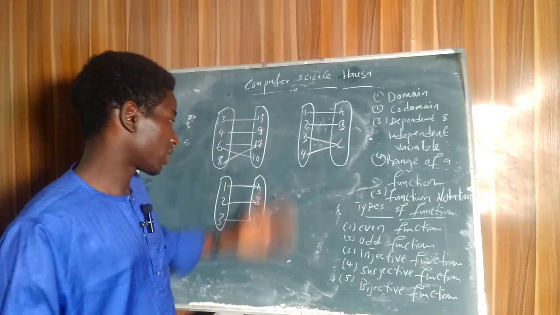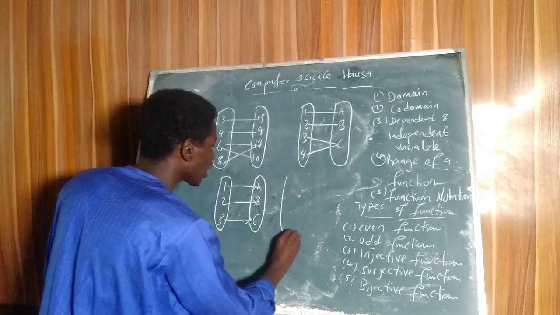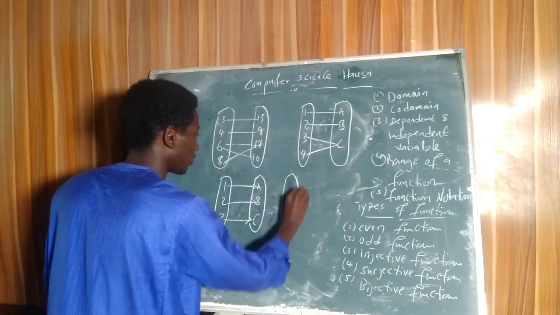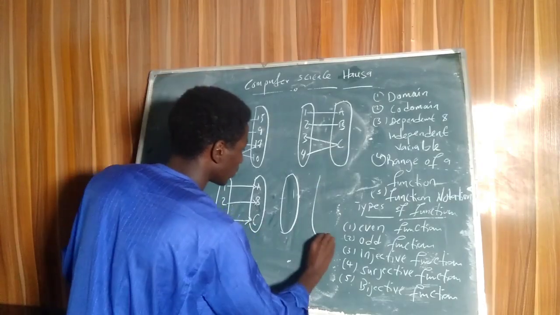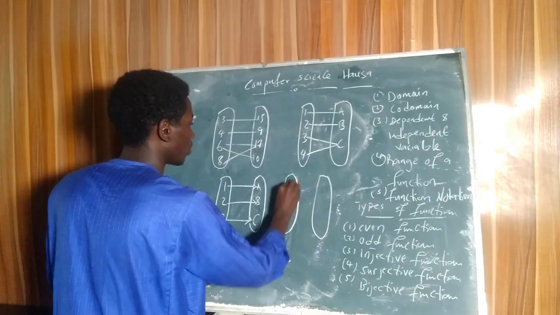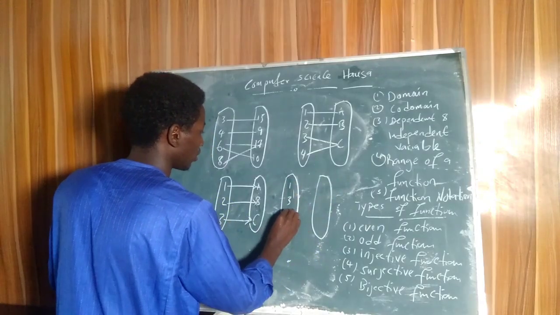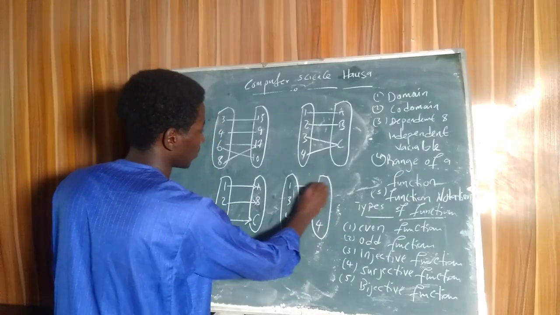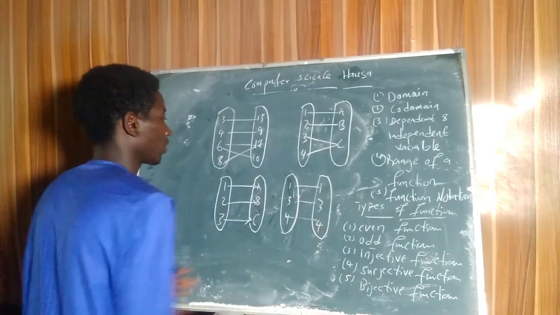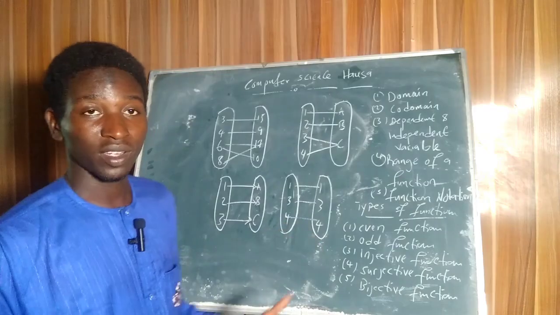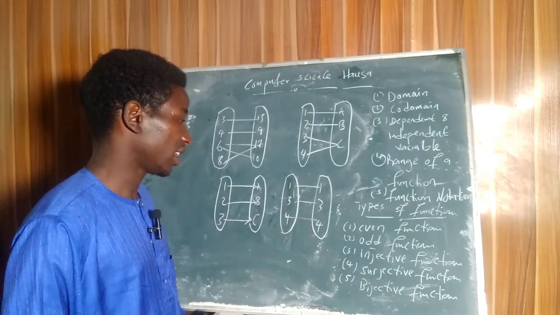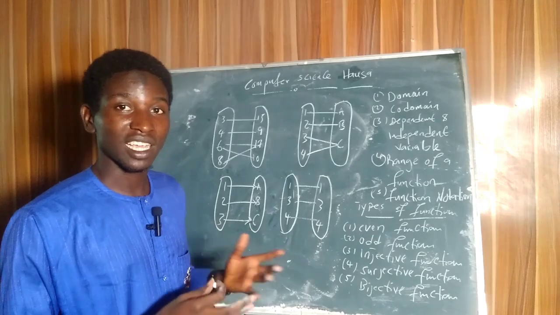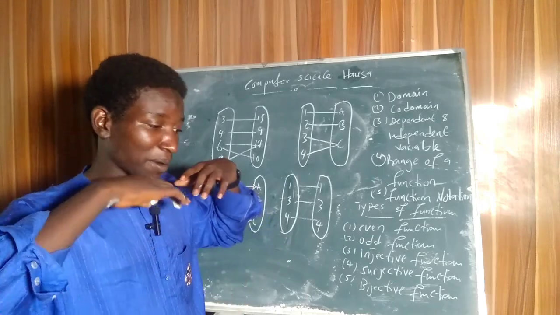So example, idan ya kasance input ɗinka is 1 3 4, 1 3 4, this is one to one function kuma identity function. Example ɗin wannan kenan.